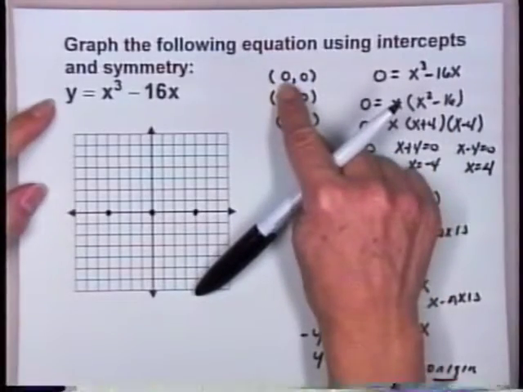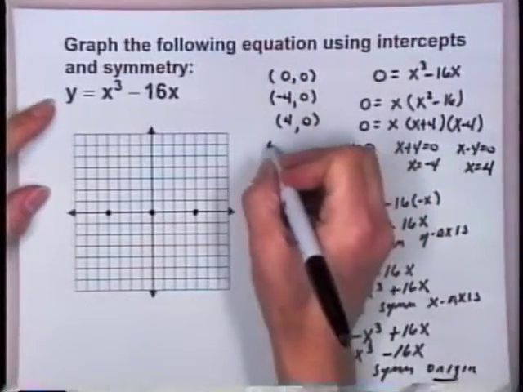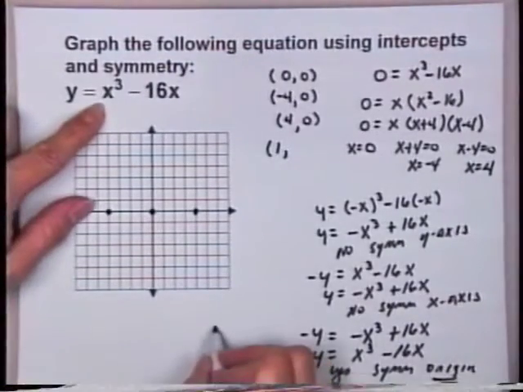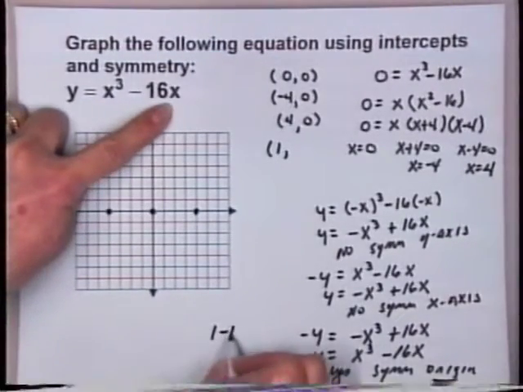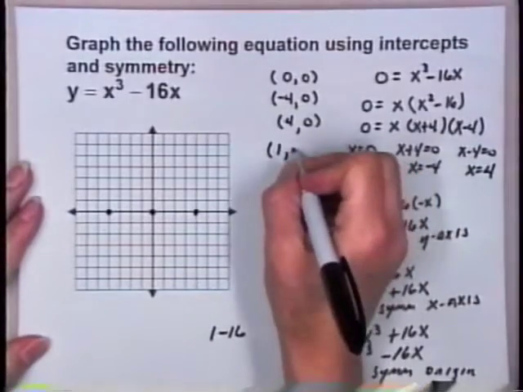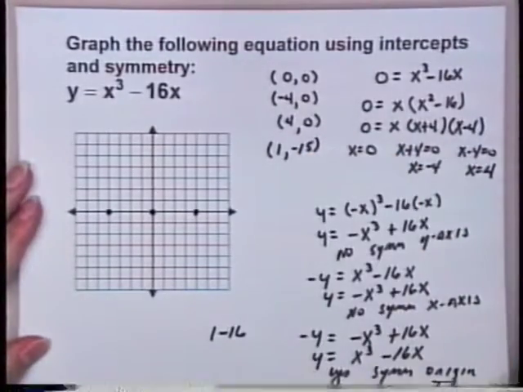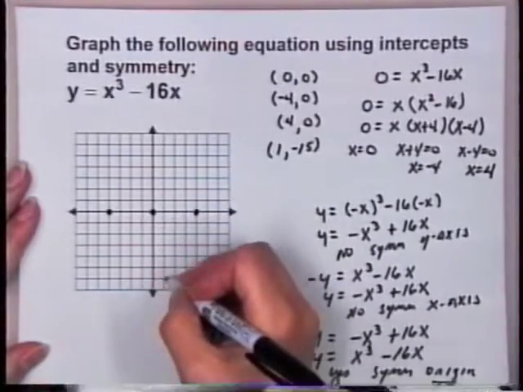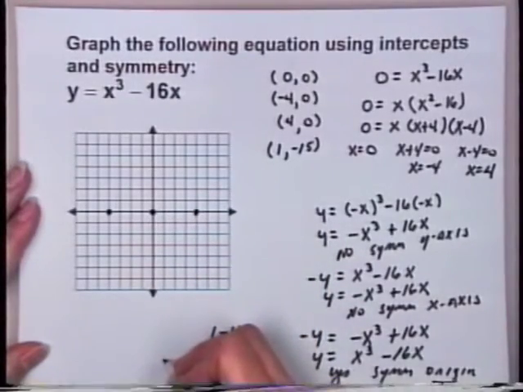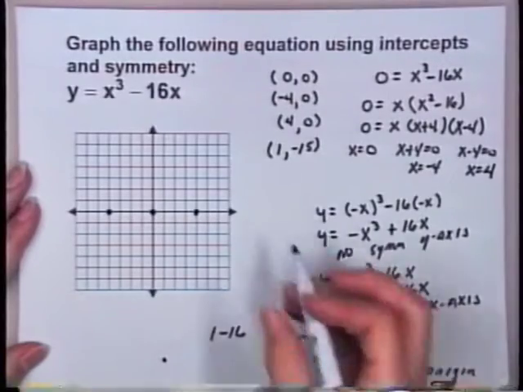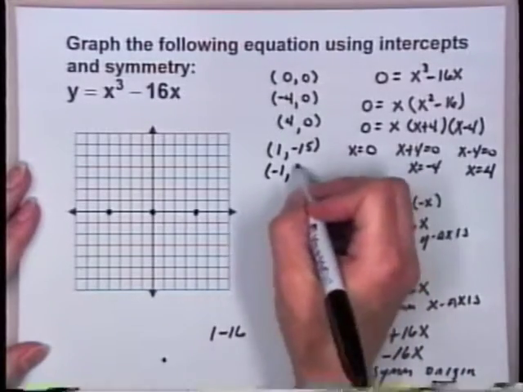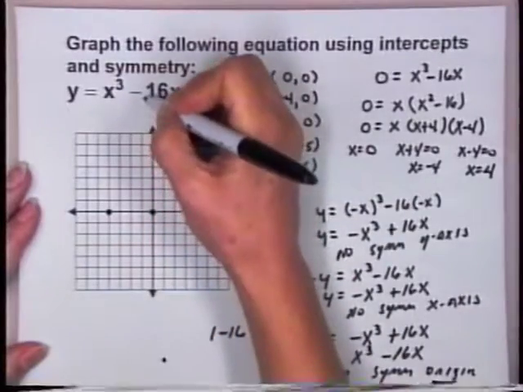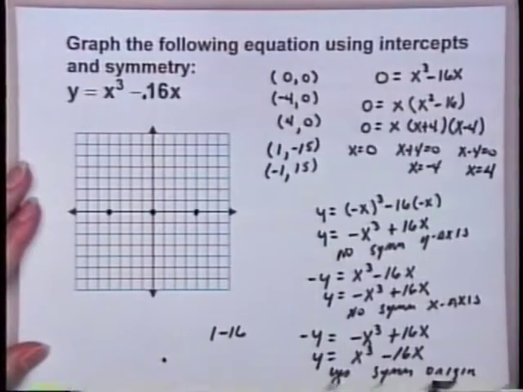So here's what I'm going to do. I already know what happens when x is 0. Let's get a value for x equals 1. Well, 1 cubed is 1. And if I put a 1 here, I have a minus 16. I get 1, negative 15, don't I? Now, I'm not going to have really enough space, so I'm going to come way down here, 1, negative 15. But what do I also know? If x is negative 1, y is positive 15. So for negative 1, I'm going to be way up here somewhere, right?